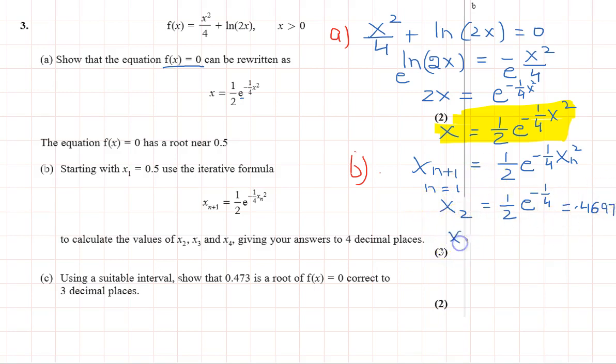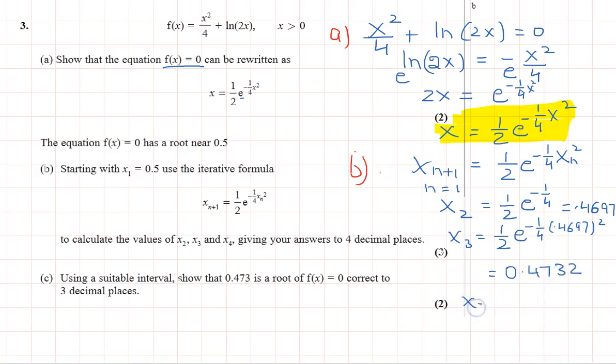In the same way, for x3, we put n is equal to 2, so it will be half e to the power minus 1 over 4, and x2, 0.4697 squared. So x3 will be 0.4732.